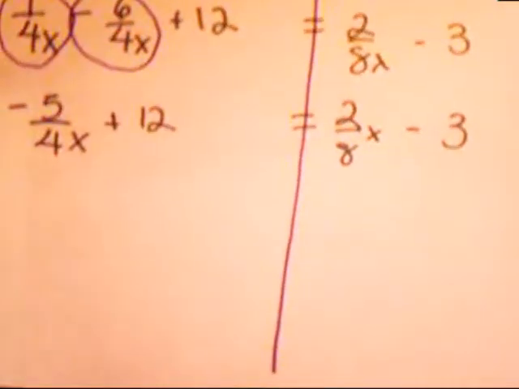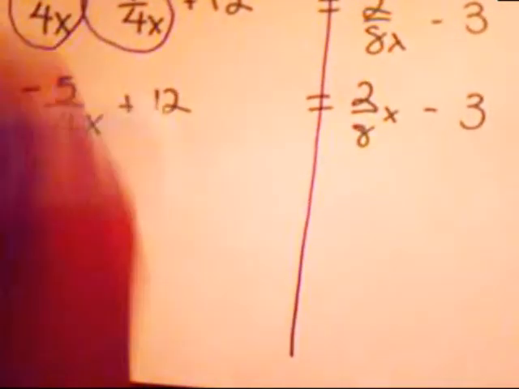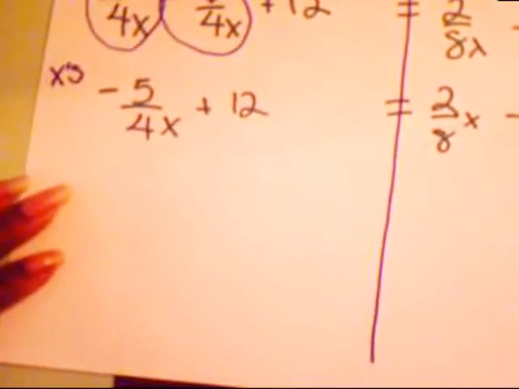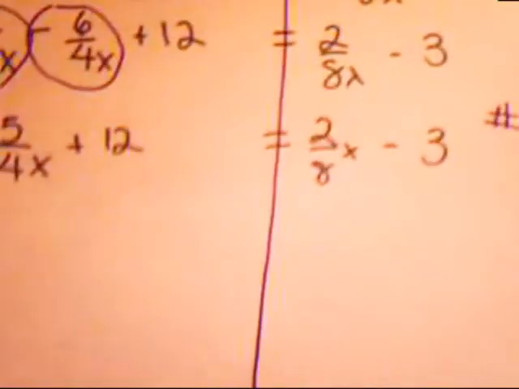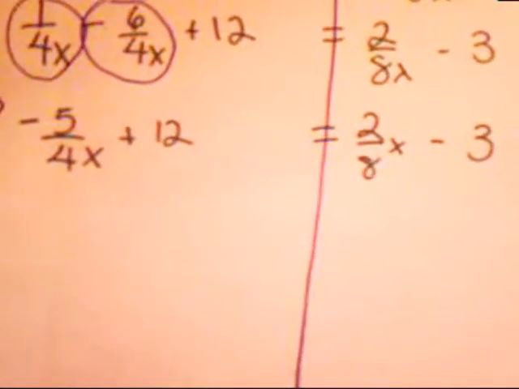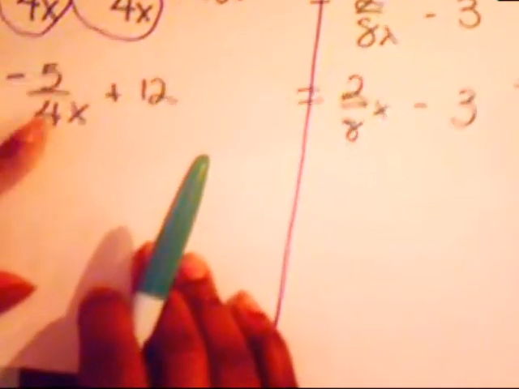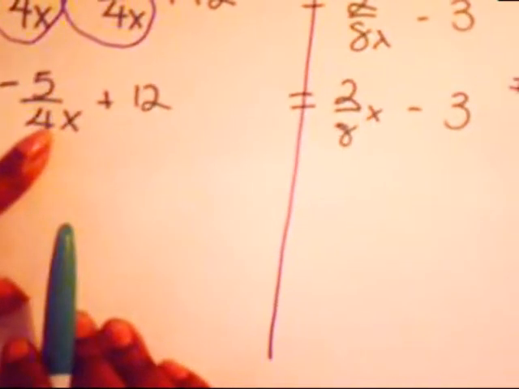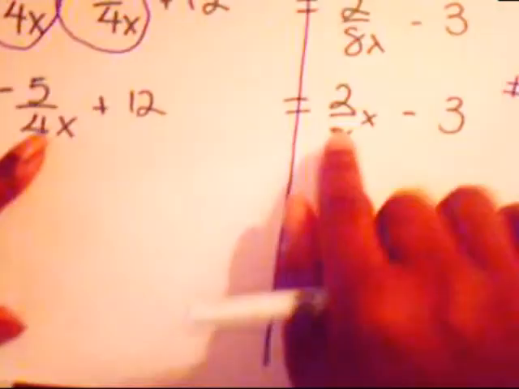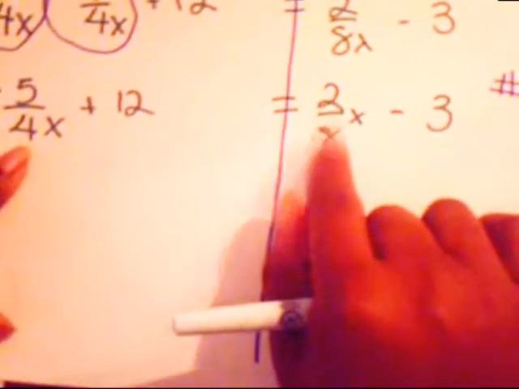Okay? So what we have to make sure that we remember is that we want all x's over here on this side and all constants or numbers over here on this side. All right. So if I want all x's over here, the negative 5/4 x is going to be able to stay, but the 2/8 x that's over on this side needs to be moved over here. Okay?